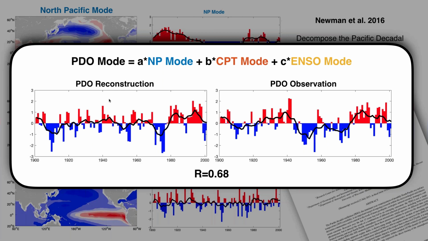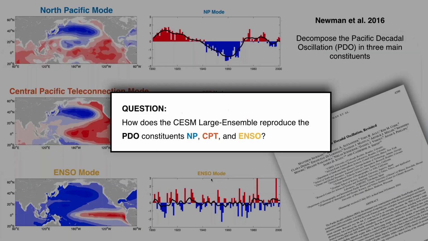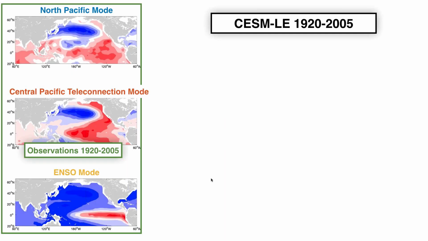This is the PDO reconstruction, and this is the PDO in observation. The correlation coefficient is 0.68. And the question we want to address is how does the CESM large ensemble reproduce the PDO of these three modes?